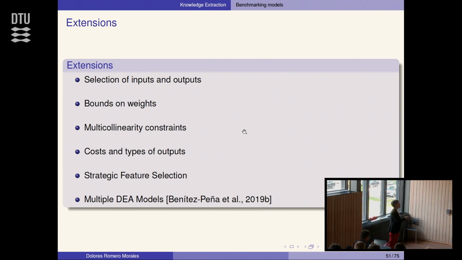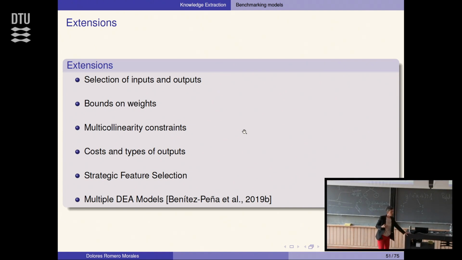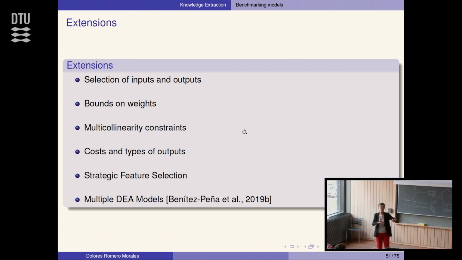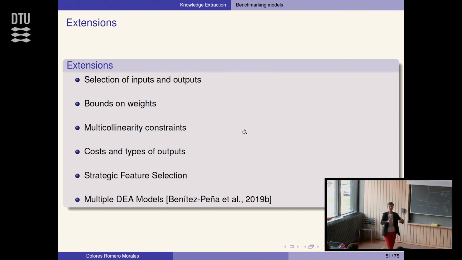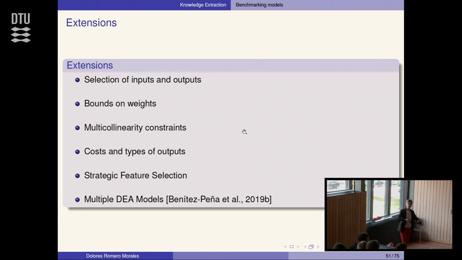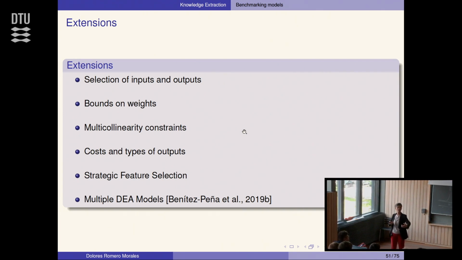Another thing that we have extended our model with, and this is something that is done a lot in policy. When you are trying to benchmark, for instance, in the case of electricity markets, they realize that the regions in the country make these companies function in a very different way. The example is Brazil, where my colleague has been working together with them to build two different models for the region.